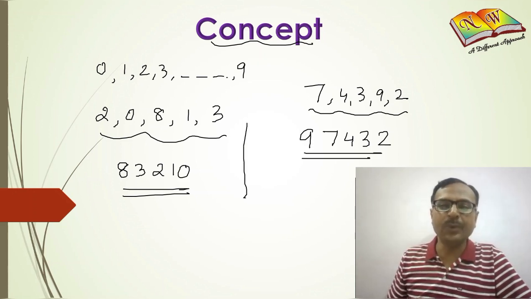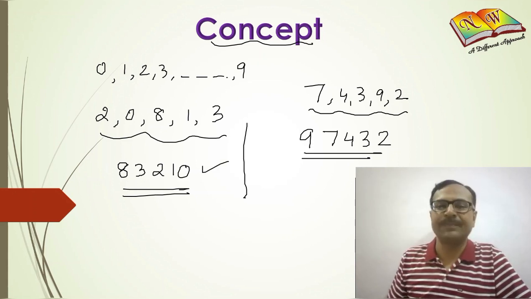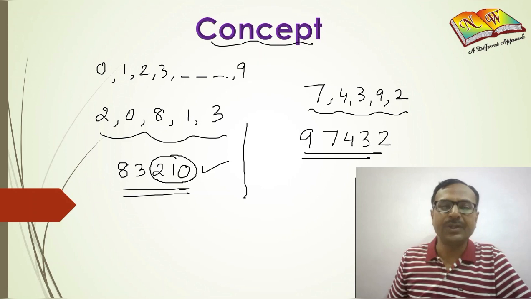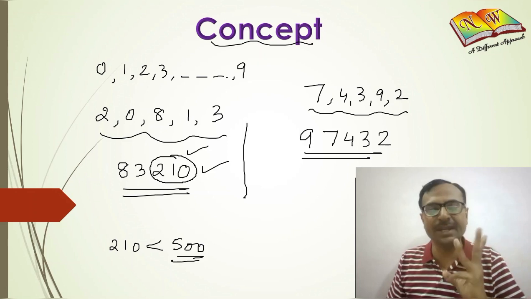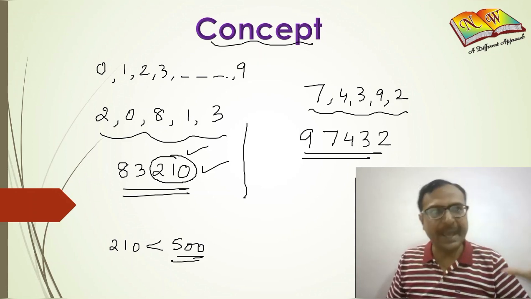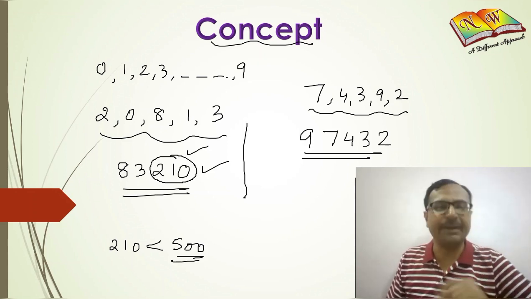Now, how do you round off this 5-digit number to the nearest thousands? For that, you just need to check the last 3 digits here, 210. This number 210 is less than 500, which lies exactly between 0 and 1000. So when you are rounding off a number to the nearest thousand, you have to check the number formed by the last 3 digits of that entire number and compare it with 500.